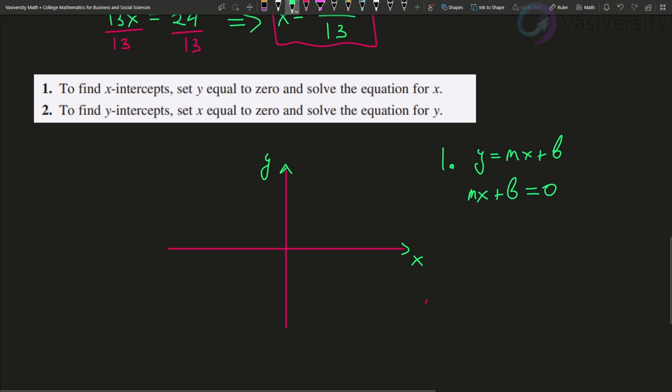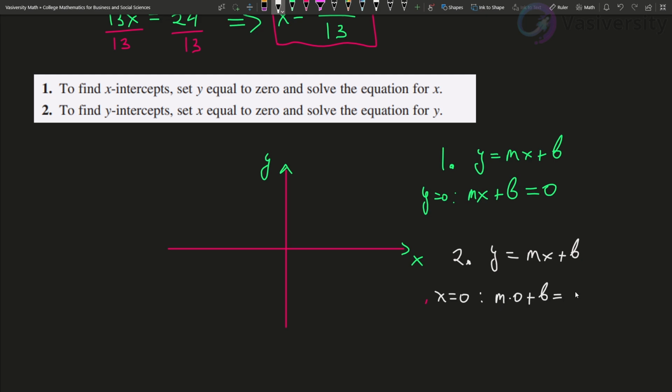Then number 2, in order for us to find the y-intercept, so we're intersecting the y-axis, we have to set x to be equal to 0 and solve for y. So for number 2, if we have y equal to mx plus b, in the first one, we said that y is equal to 0. In the second one, we're saying that x is equal to 0. So it becomes m times 0 plus b, which is equal to y.